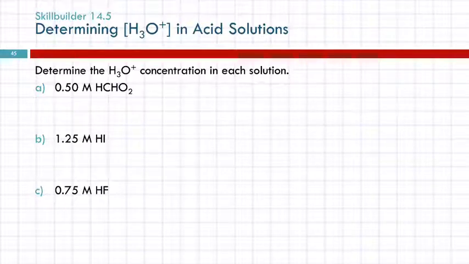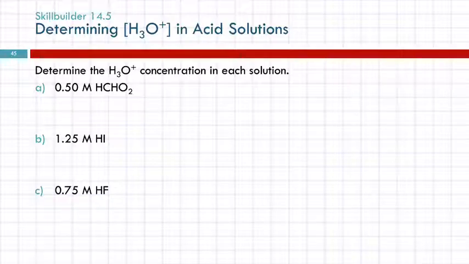Okay, so in this skill builder, they're asking us to determine the concentration of hydronium ions in each of these solutions. And this is really less of a quantitative exercise and really more of a qualitative exercise. There's not really any calculations we have to do. The trick to answering this question is to recognize, is it a strong acid or a weak acid?